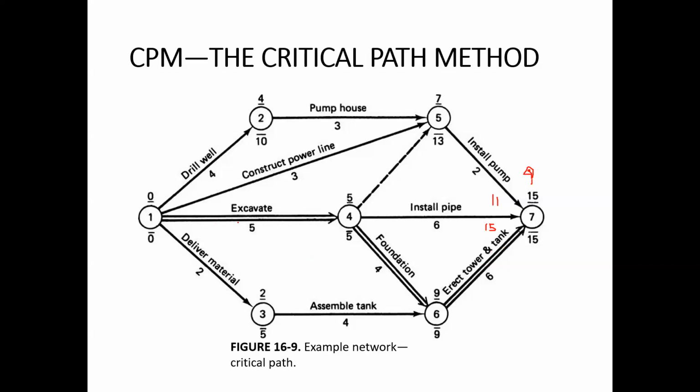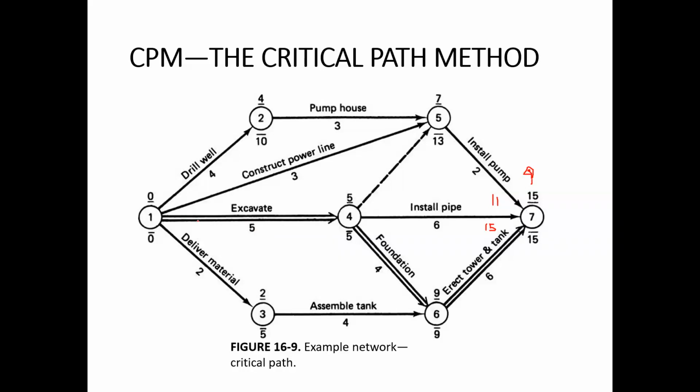So the float for only these 3 activities is 0 over here. Okay. So those activities for which the total float is 0 will be the critical activities. And these critical activities have been shown by the double arrow in this diagram.